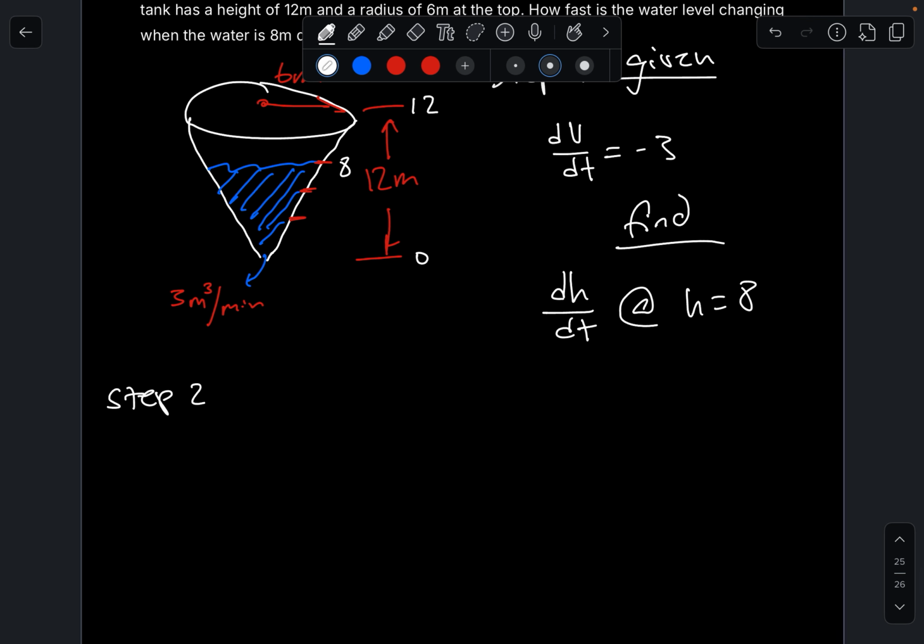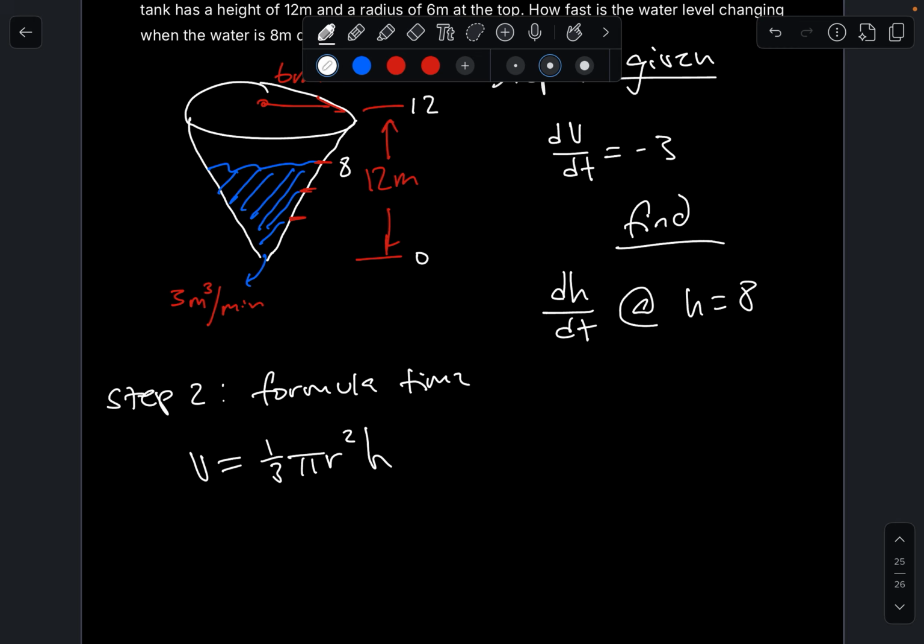Step 2, let's write the formula of the volume of the cone since we'll be dealing with that. So, formula time. The volume of a cone is V equals 1/3 pi r squared times height. But here's an issue.